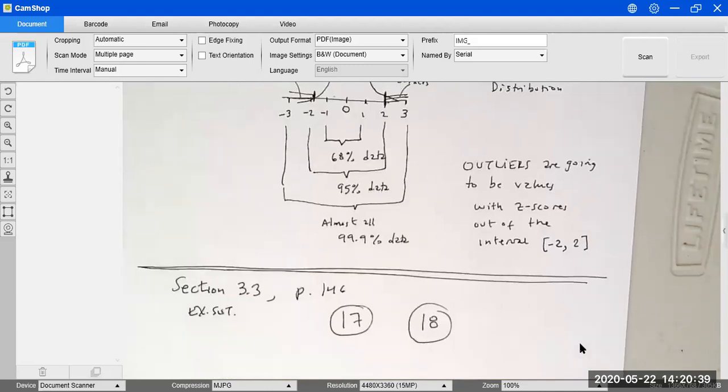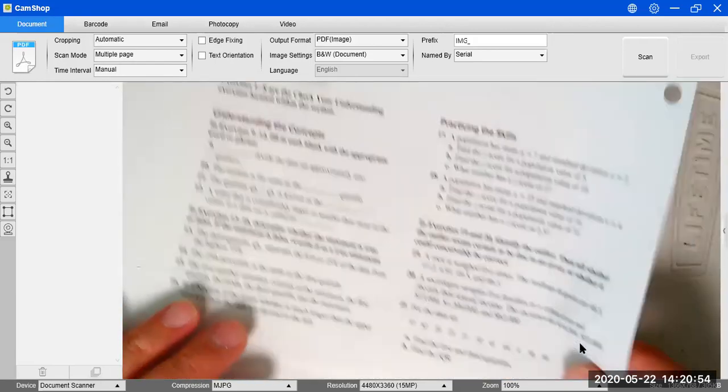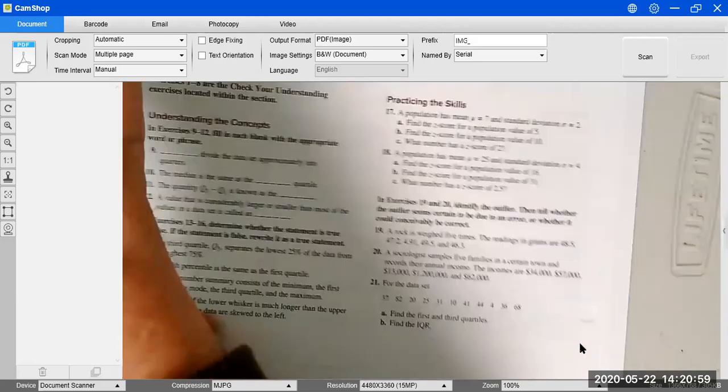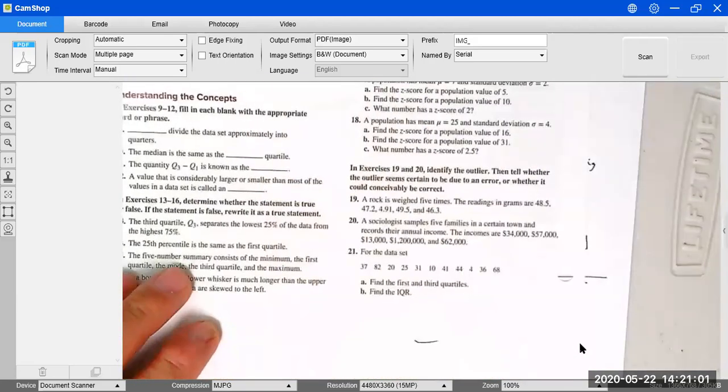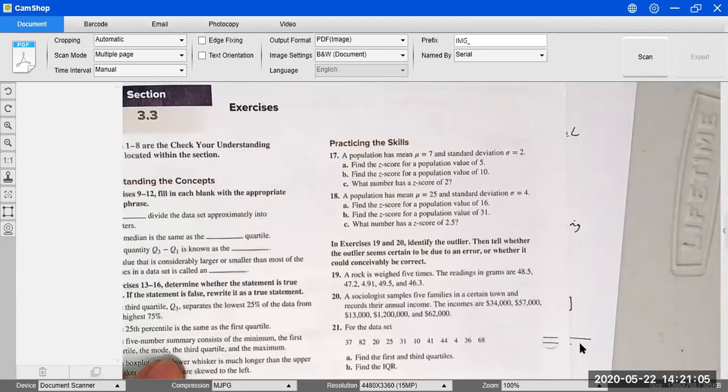So let me project the corresponding work problems, so for you to start working on those problems 17 and 18. Okay, so we have 17 here and 18.